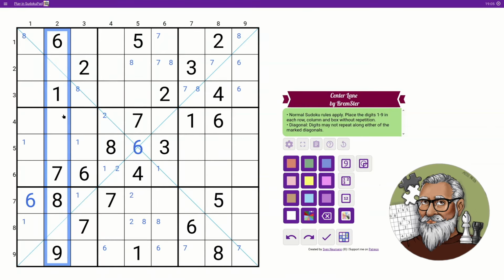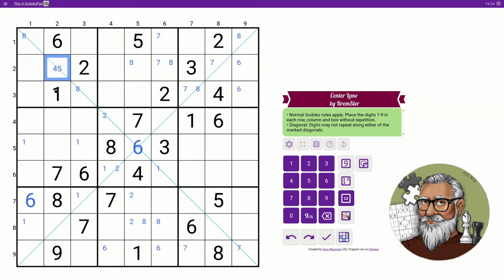Maybe column number 2. Still missing 2. Okay, this one is a little bit interesting. This cell, because it can't be 1, 2, 3, 6, 7, 8, or 9. So this is 4 or 5.